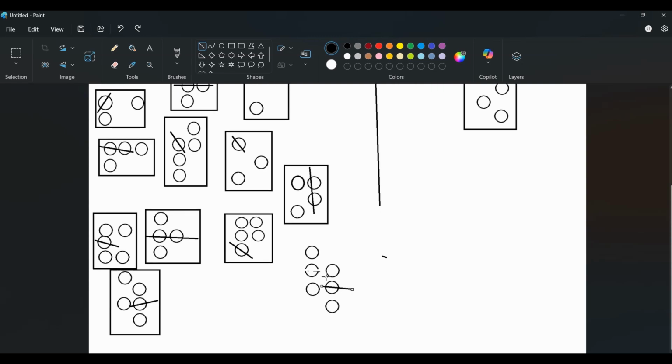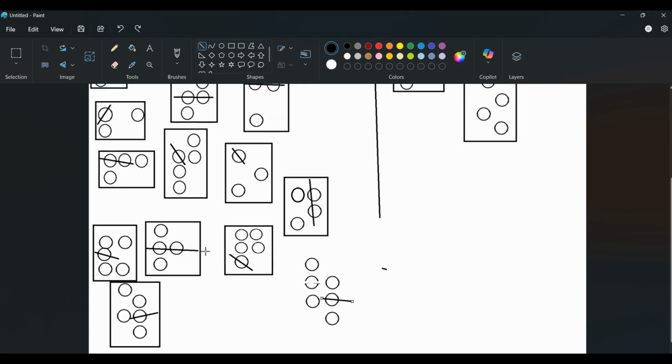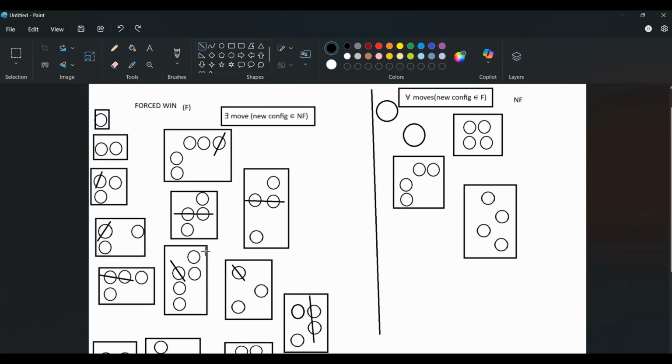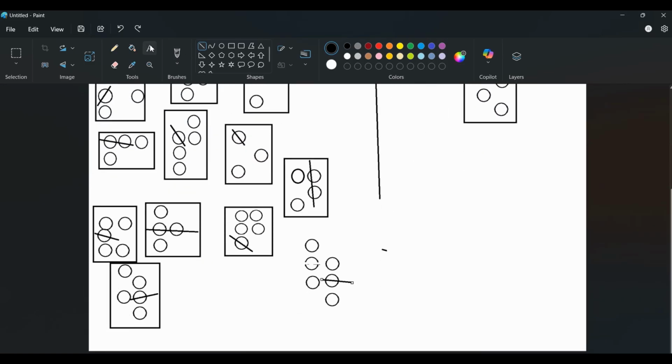Yes. Did we analyze this? No, I don't think so. So we have to analyze this as well. So this is a recursive approach to decide whether a configuration belongs to F or NF, and in the process, we uncover the strategies.